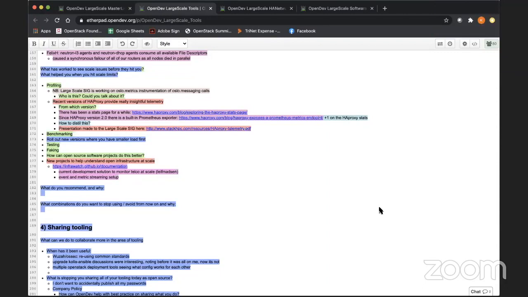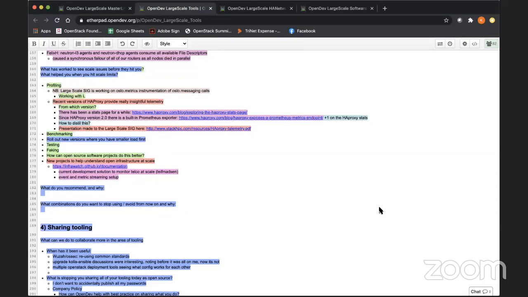So someone's made a note about the Largescale SIG working on Oslo metrics, which I have seen a bit about over the last few months, but I'd be interested to hear more about that. Was it Thierry or someone else? Yes, it was me. So we've been working with folks from Line to get them to publish as open source the framework they are using to instrument the calls to RabbitMQ at the Oslo messaging level.